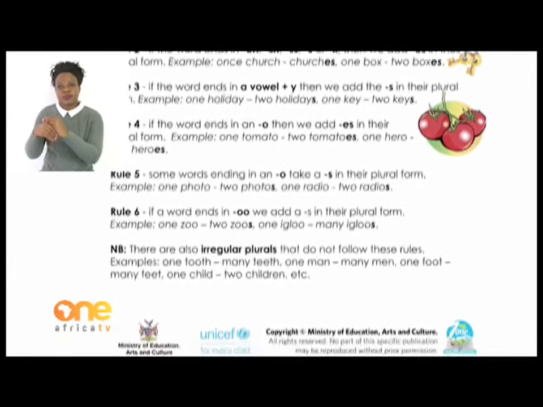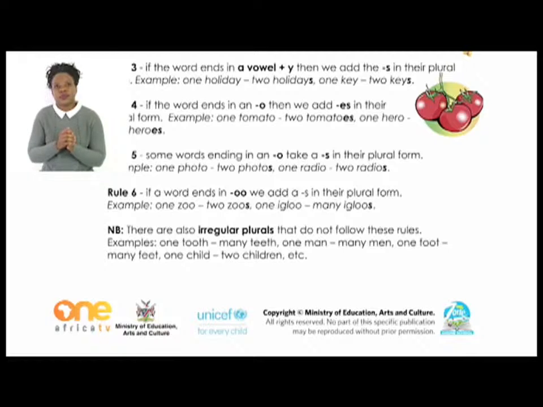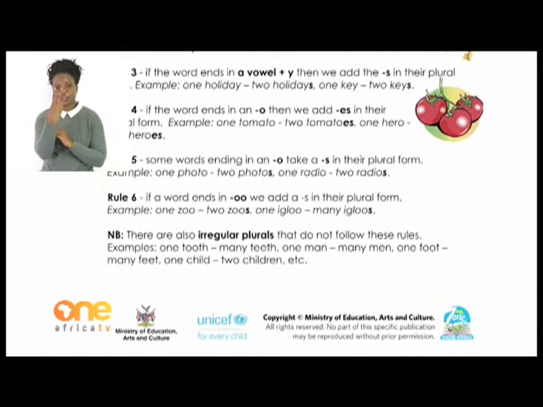Rule number 3. If the word ends in a vowel plus Y, meaning a vowel comes before the Y, then we add S in the plural form.